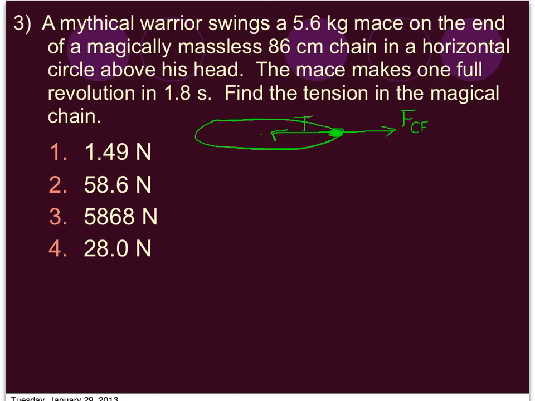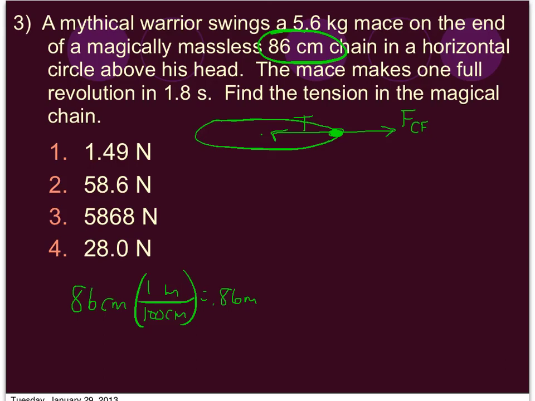So first thing that you want to notice is that the chain is given to you in a radius of 86 centimeters. The first thing you want to do is convert. So remember, to convert to meters, you would want to put centimeters on the bottom, and you're going to be dividing by 100, which is going to give you 0.86 meters. Okay, so mass always needs to be in kilograms, and your radius always needs to be in meters.